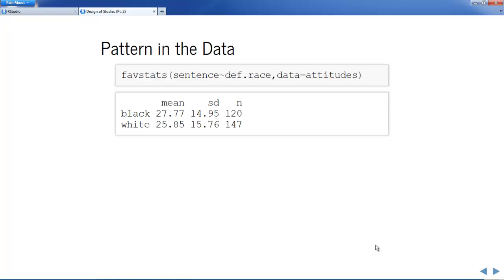If you look in the data, you actually will see a bit of a pattern. If you do favstats on sentence broken down by defendant race, then you see that when the defendant had a name that suggested he was black, on average he got a 27.77 year sentence. But when the defendant had a name that suggested he was white, on average he got sentenced to about 2 years less.